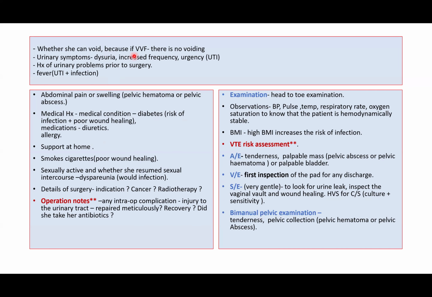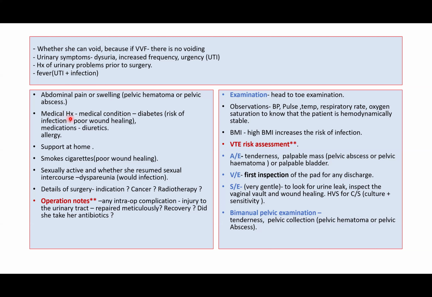Whether she can void, because with a vaginal fistula there is no voiding, and whether she has urinary symptoms like dysuria, increased frequency, urgency. This is indicative of UTI. Any history of urinary problems prior to surgery, any history of fever, is indicative of UTI and infection. Whether she has any abdominal pain or swelling is indicative of pelvic hematoma or pelvic abscess.